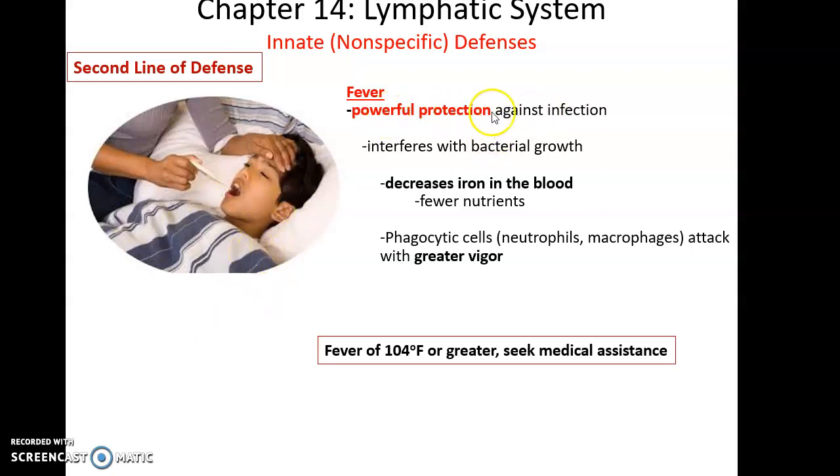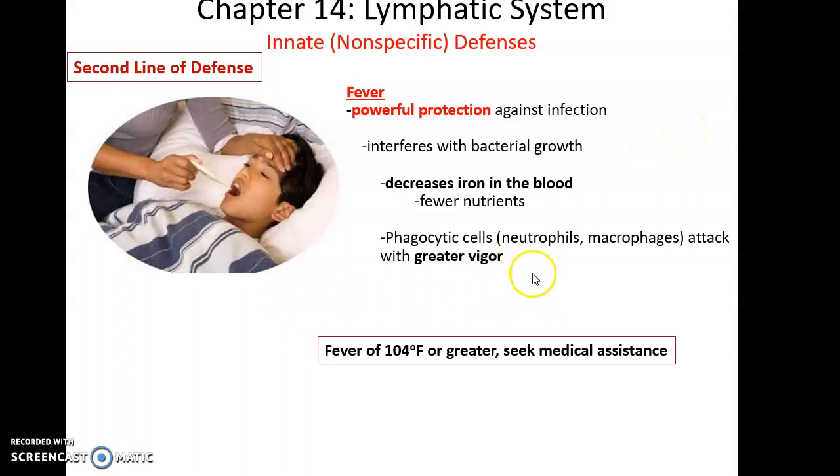And so by raising our overall body temperature, this will make it more difficult for the bacteria to grow. So it interferes with bacterial growth by not being the ideal temperature for them. Also, the increase in body temperature causes a decrease in iron in the blood. So now there are less nutrients in the blood for the bacteria, further inhibiting their growth.